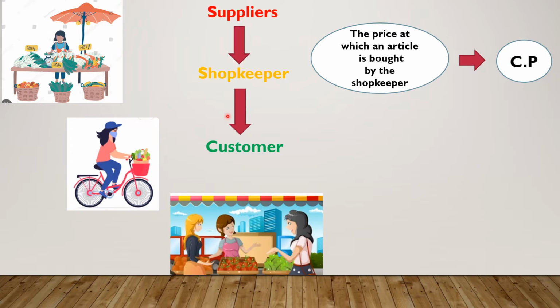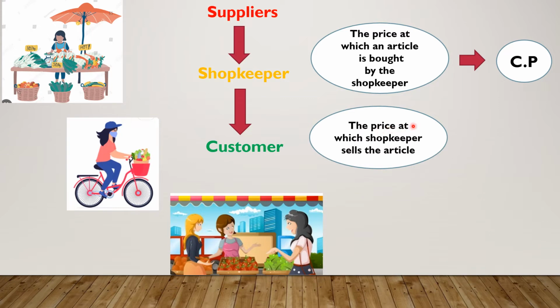Moving on to the second point, from the shopkeeper, the customer is getting the products, right? The price at which the shopkeeper sells the article, that we can say is the selling price. Here you have to focus on only one thing: the shopkeeper to the customer, the supplier to the shopkeeper.